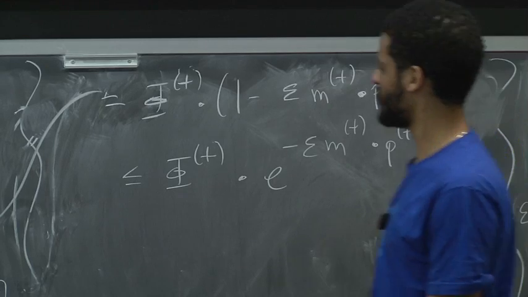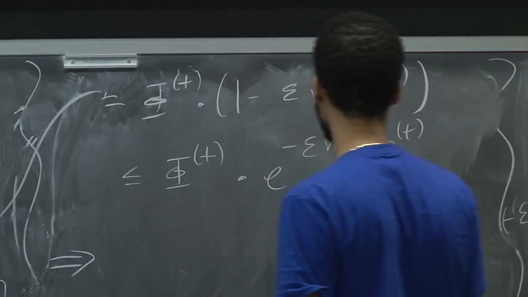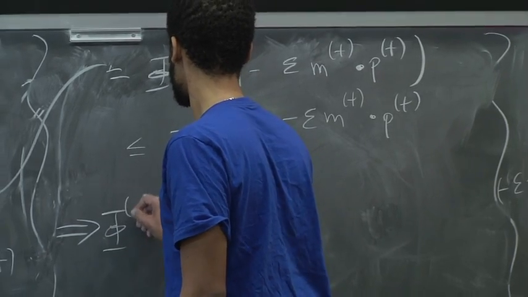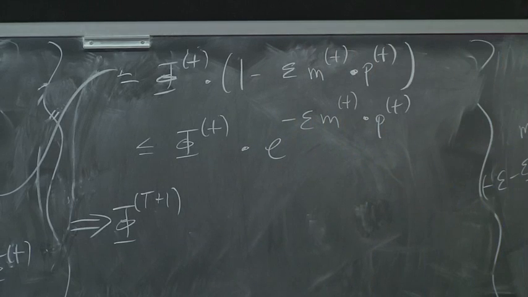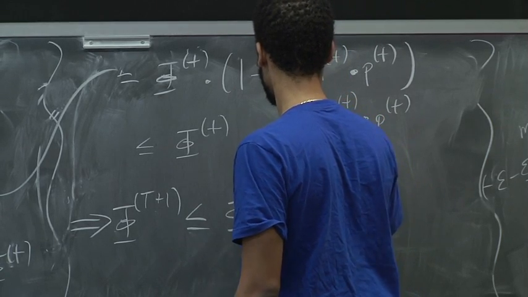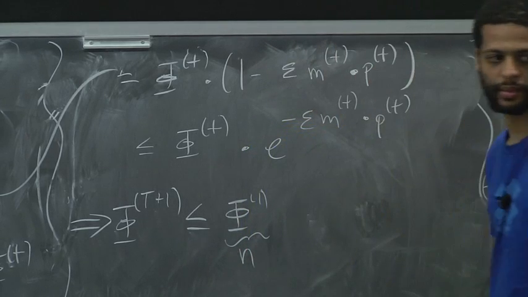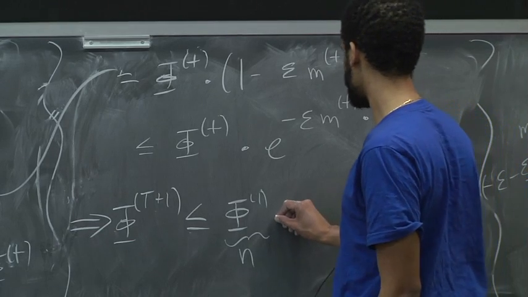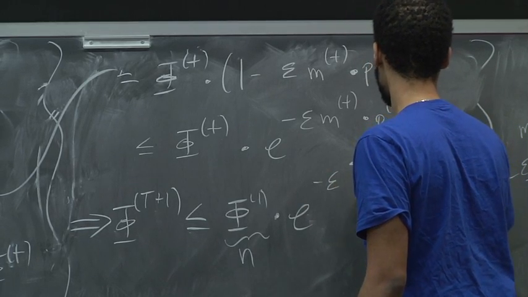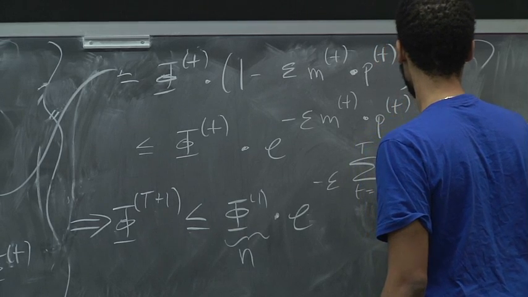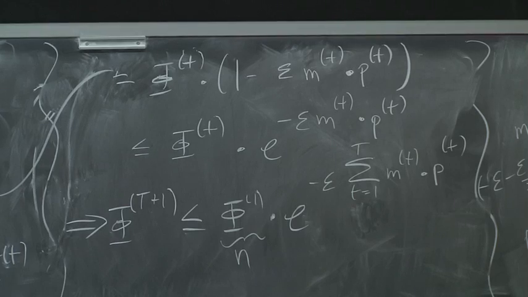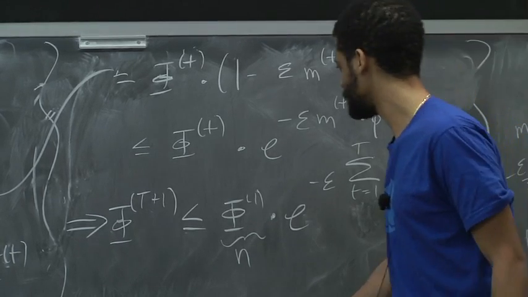So by induction, this implies that phi of t plus 1 is at most phi of 1, which is n, times e to the minus epsilon times the sum over t from 1 to T of m of t dotted with p of t. Okay, good.